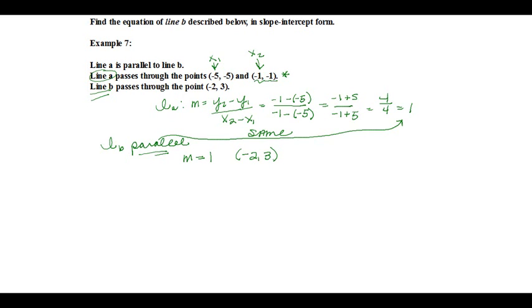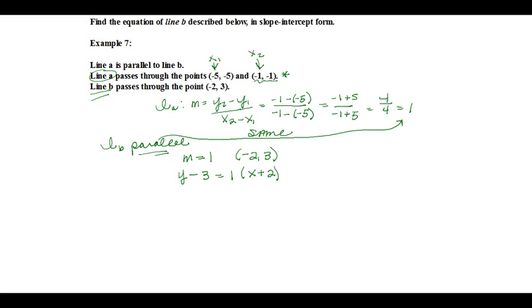Okay, so we have a point and a slope. That tells me I'm going to use my point slope form, so that's y minus y1, which is 3, equals m, which is 1, times x minus x1, minus a -2, that is +2.